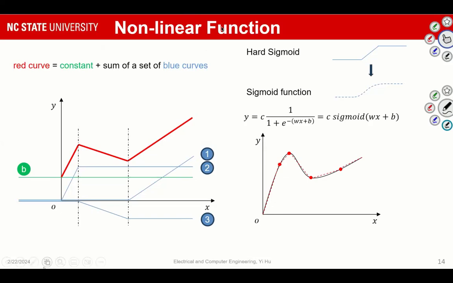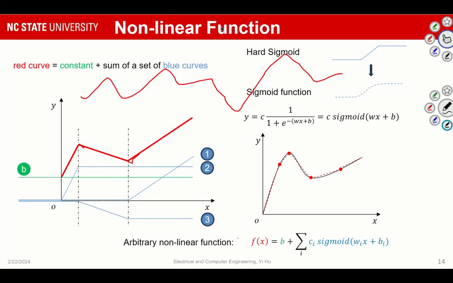In reality, the curves should not have this kind of sharp corner here. It's something like a smooth one, something like this, just like the blue one here. So if we have an infinite number of blue curves, the red segments can represent arbitrary kinds of shape of curve. Yes.